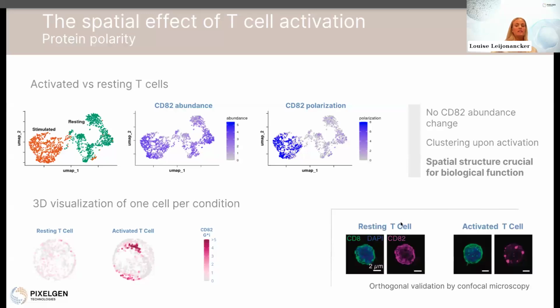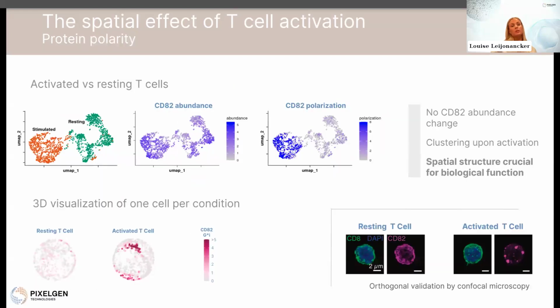So then you have a resting T cell and CD82 colored in pink here. You can see how it's spreading out uniformly, no pattern to that. Whereas the activated T cell, you see that it's clearly clustering to several poles here. So it was nice to have that also validated with microscopy.